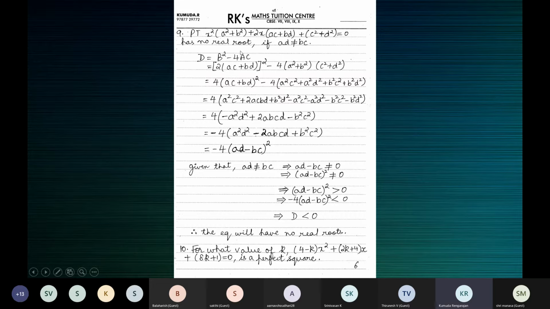That means you should find the discriminant. You must show that the discriminant is negative. And since the discriminant is negative, that is its value is less than 0, the quadratic equation has no real roots.